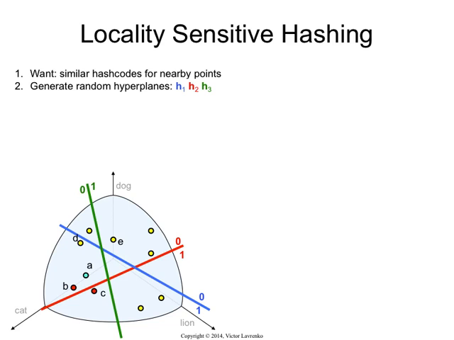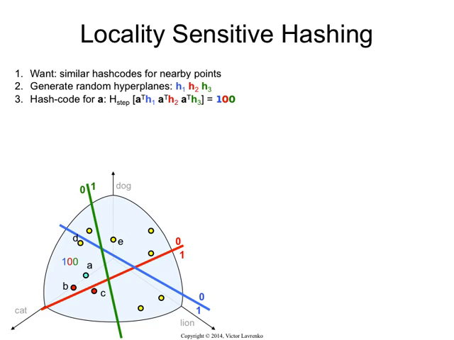And I can use the result of this cutting to generate the hash codes based on the bits that I assign after each hyperplane. So the point A, for example, with 3 hyperplanes like this, would get a hash code of 100. Why? Because it's on the positive side of the blue, and it's on the negative side of the red hyperplane and the green hyperplane.